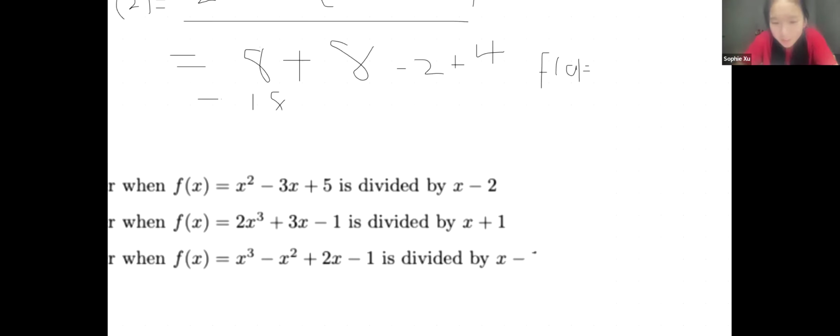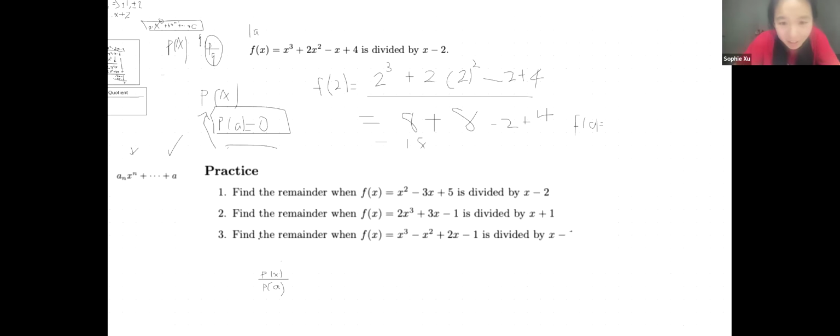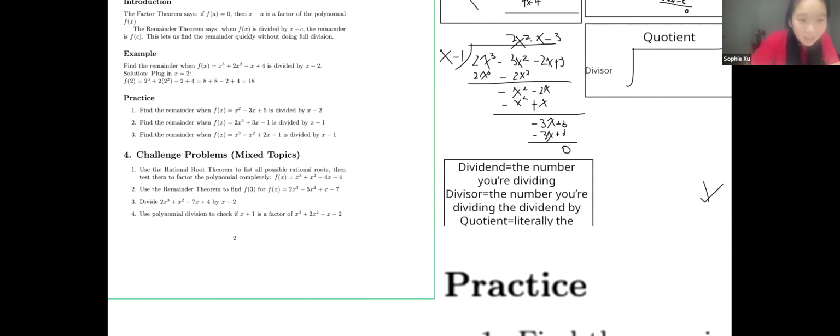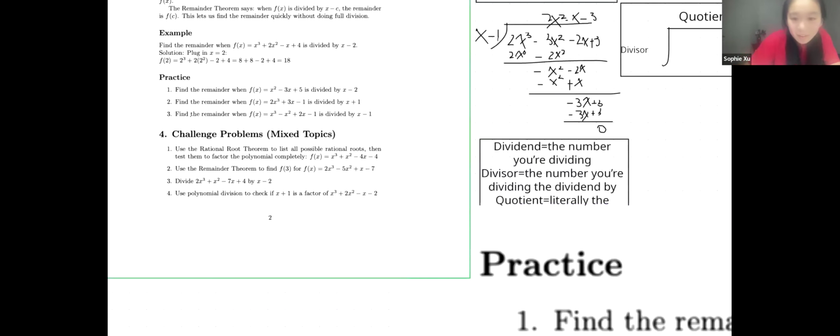Alright, does someone want to try question 3? And why is question 3 kind of rubbed out? That's very sad. What is it supposed to say? Hello? Oh, x minus 1. Alright, you guys can attempt this question.